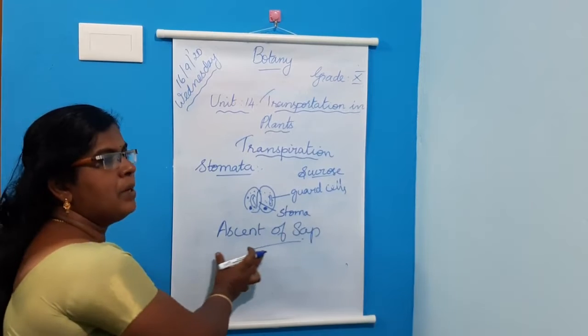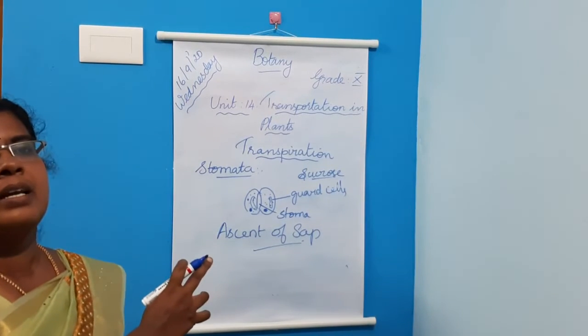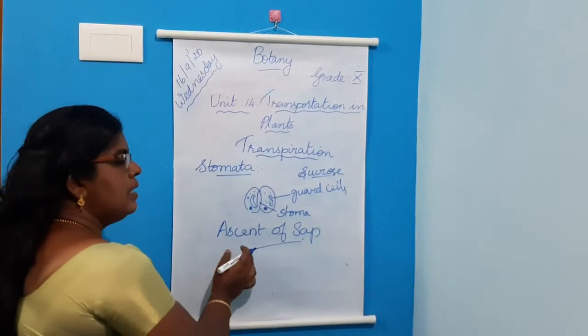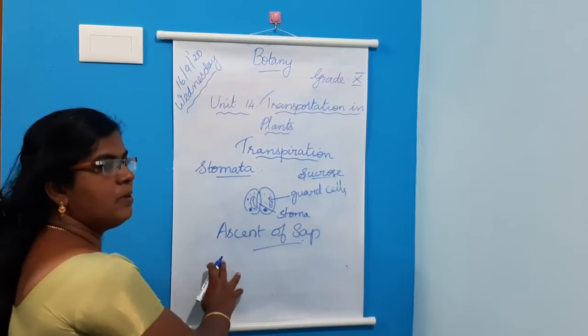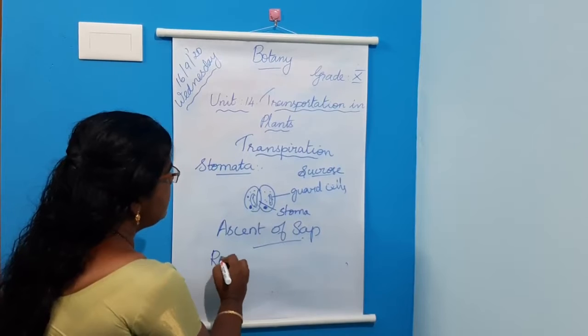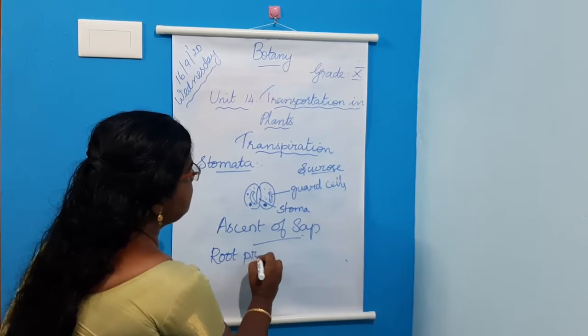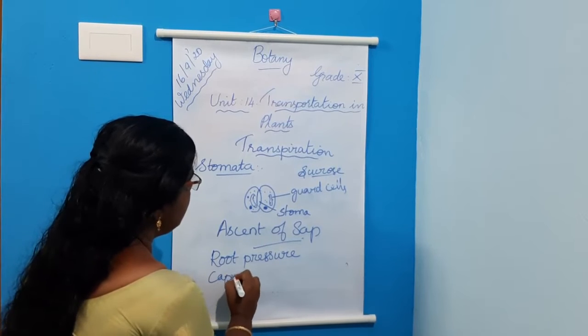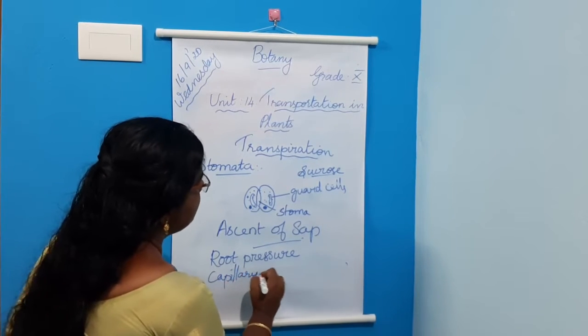Ascent of sap is nothing but the upward movement of water and minerals from the root to the other parts of the plant body. Several factors are responsible for it. One is root pressure. Another is capillary action.